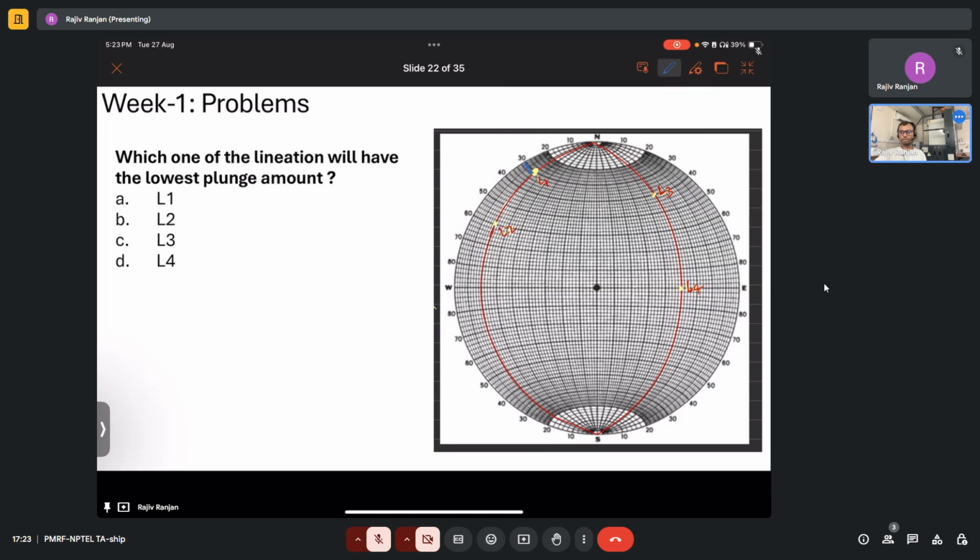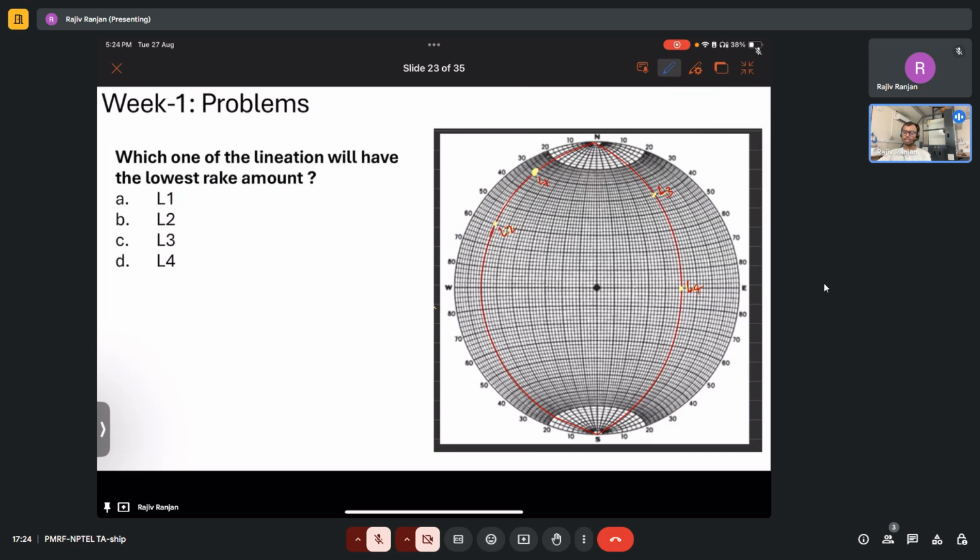When we move L3, L1 and L2 in the north-south direction, we'll see the lesser gap gives a lesser amount of plunge. That is why L1 will give us, what? The lowest plunge amount. Okay, so we'll move to the next question.